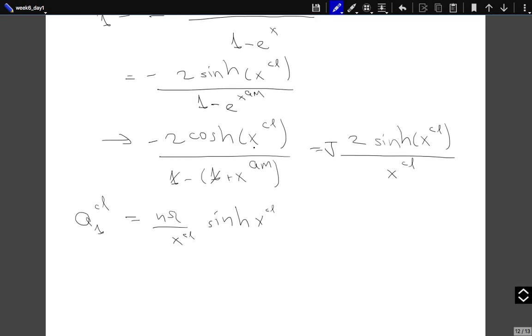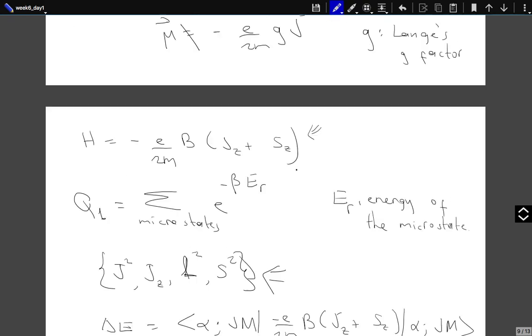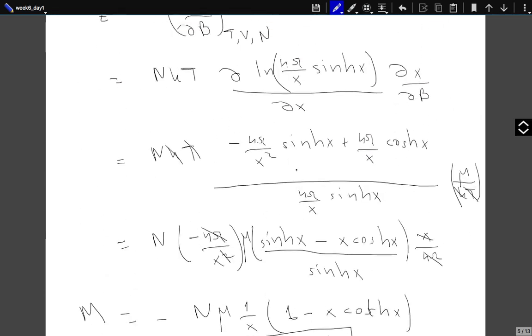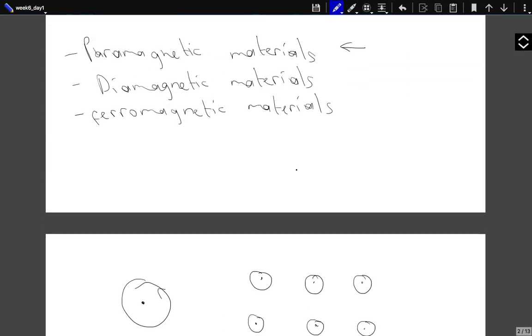Any questions? In the beginning of the class, I saw something like E vector, and you said it's energy, and I didn't get it. It should be on the first page, maybe.